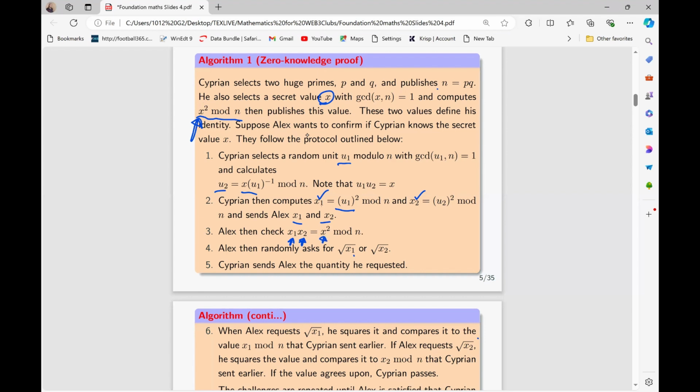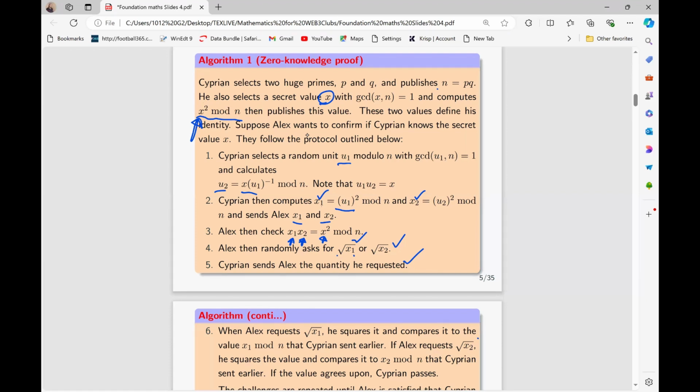He asks Cyprian, give me the square root of x1. And Cyprian comfortably gives that information. He may again ask, give me the square root of x2. And Cyprian comfortably provides. So when Alex asks for the square root of x1 and is given, he squares that square root.